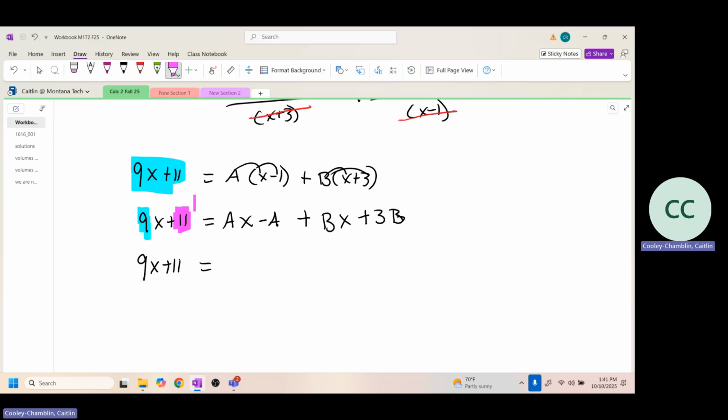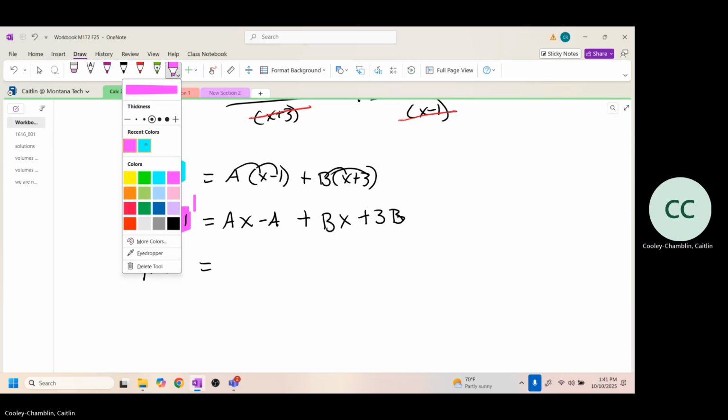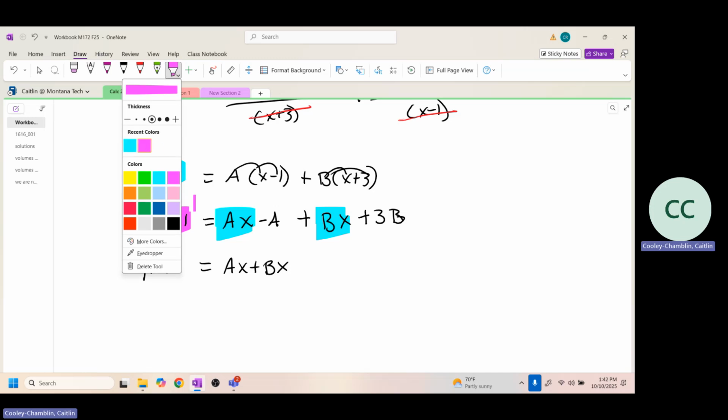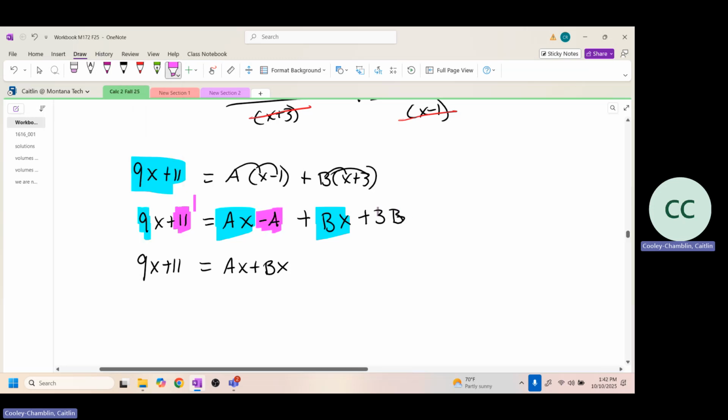I'm going to highlight it in blue. We have this with x's in it. So I have ax plus bx. And then everything that is a non-x or a constant number, we have negative a and 3b.